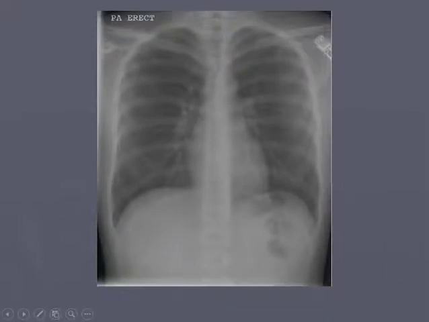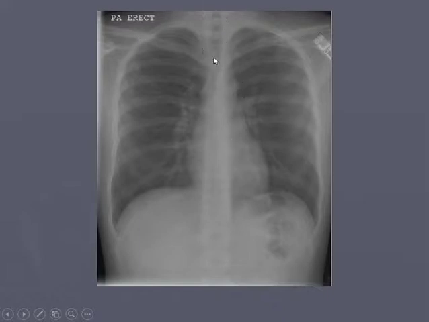So going back to our normal x-ray, we count the ribs. So this is rib 1, 2, 3, 4, 5, 6, 7, 8, 9. We look at the spinal processes going right down the middle. No scoliosis, no kyphosis, no lordosis, just straight down the middle.